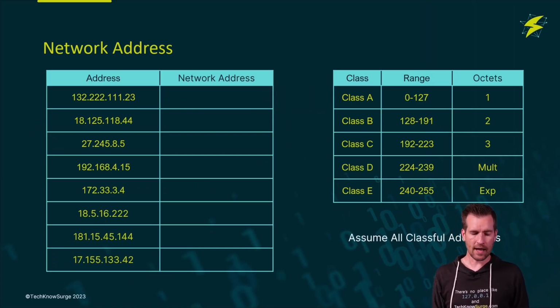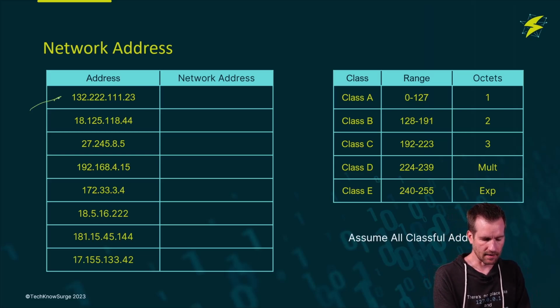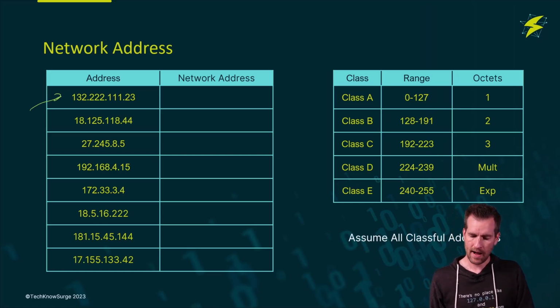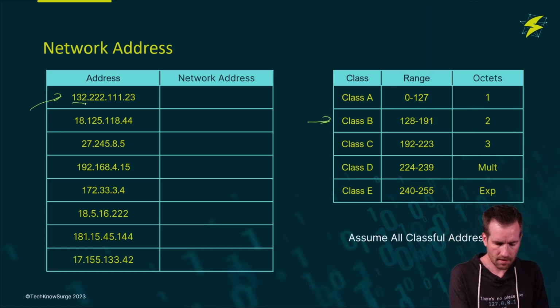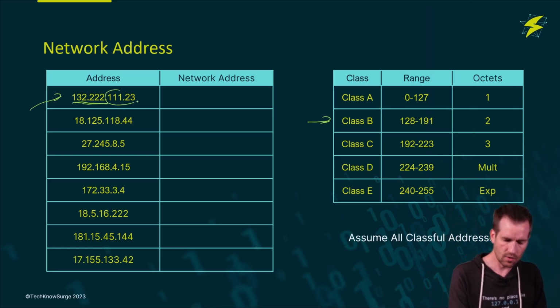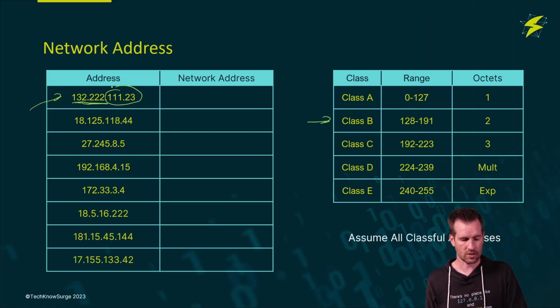All right, let's go through that process one more time. I'm going to take a look at this first one here. It's 132.222.111.23. By referencing this chart over here, I see that it's a class B. I know that the first 2 octets are the network address, and the last 2 octets are the host portion.